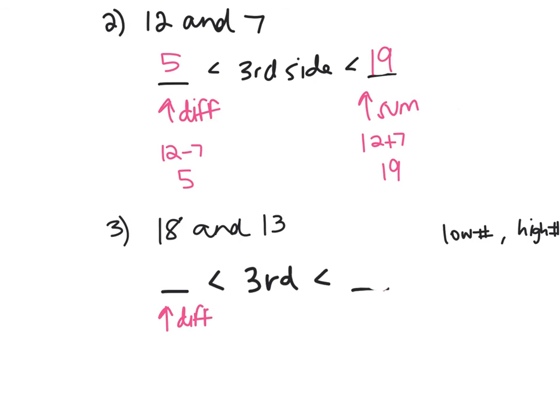Difference and sum. Okay. So if we have 18 minus 13, our range is somewhere between 5 and, add your two side lengths together, 31. Right? So if you start out with the sides 18 and 13, your third side would have to be between 5 and 31 units. Okay?